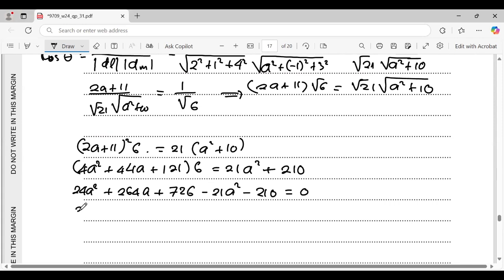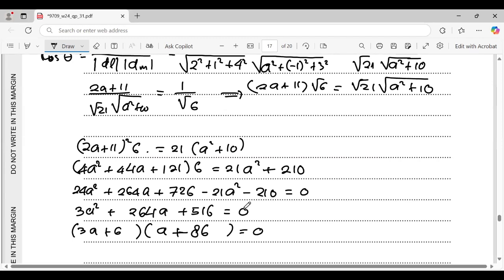So it becomes 3a squared plus 264a plus 516 equals 0. And if we factorize to find the value of a, it is 3a plus 6 and a plus 86.